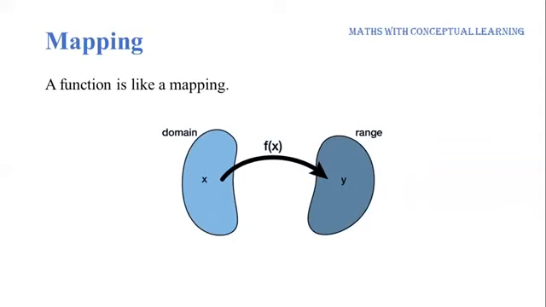A mapping shows how the elements are paired. It's like a flowchart for a function, showing the input and output values. A mapping diagram consists of two parallel columns. One column we name domain and the second column we name range.